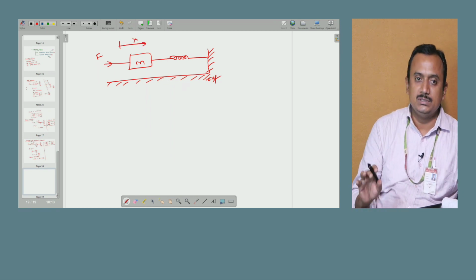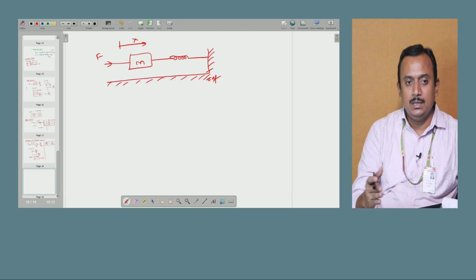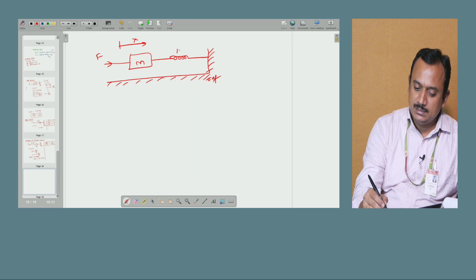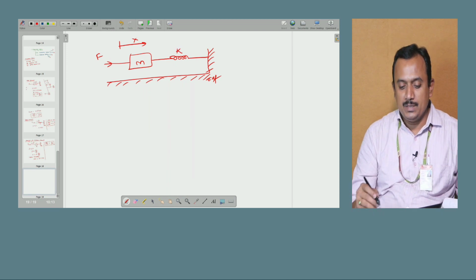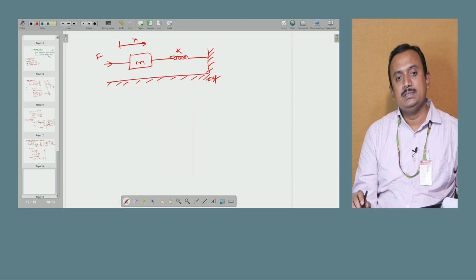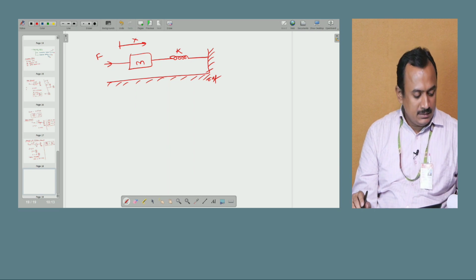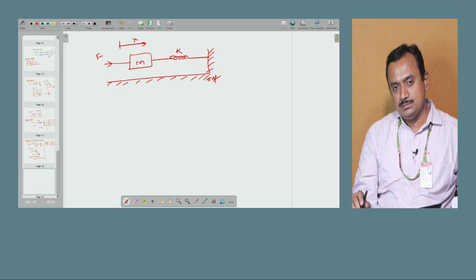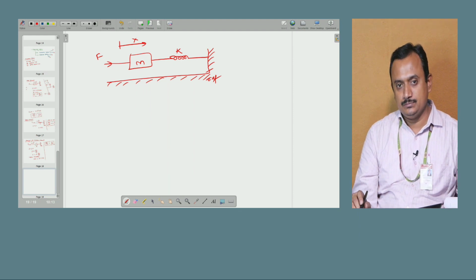You are pushing the system from left to right, and the spring constant is k, and distance traveled by the system is x. Now, how to find the overall transfer function of this system?